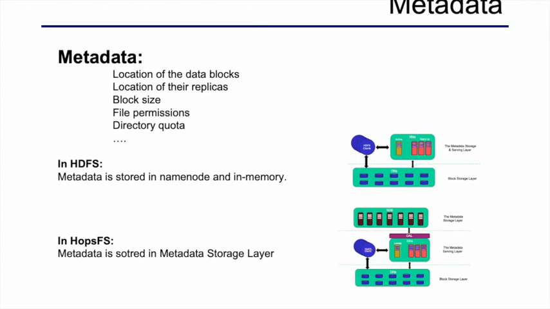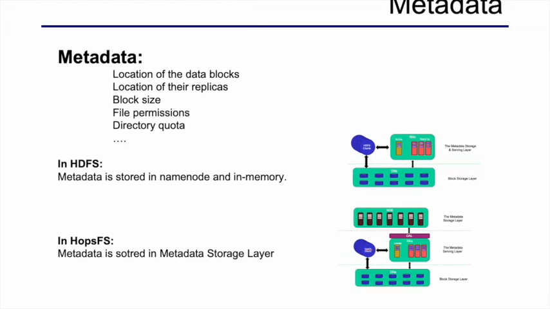The metadata serving is as follows: suppose a client wants to create a file in the file system. The location in which the client requests to create the file has to be specified. The permission, location of the replicas, and the quota of the parent directory have to be checked.